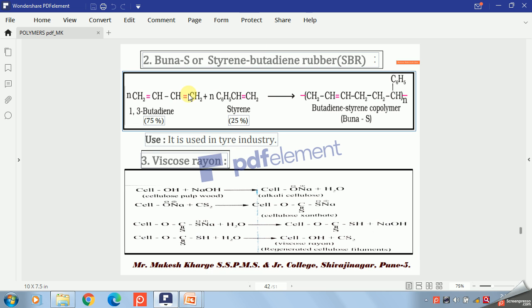Why the name? Because the monomers are 1,3-butadiene and styrene. So when 75% of 1,3-butadiene reacts with 25% of styrene, they undergo addition polymerization by the action of sodium.